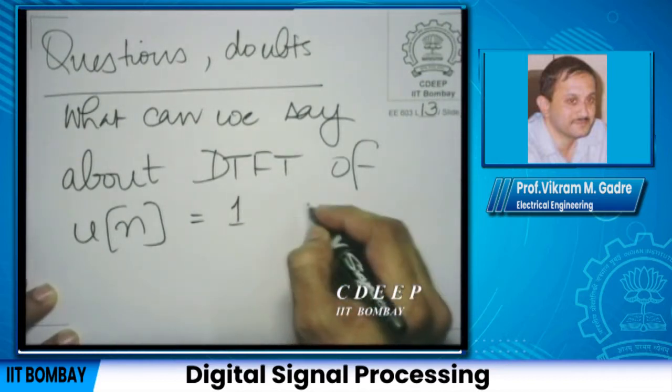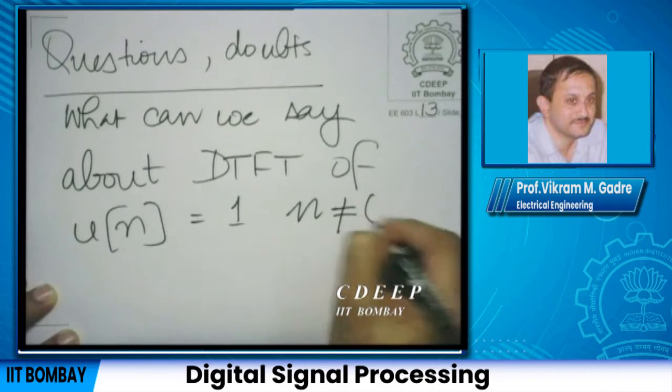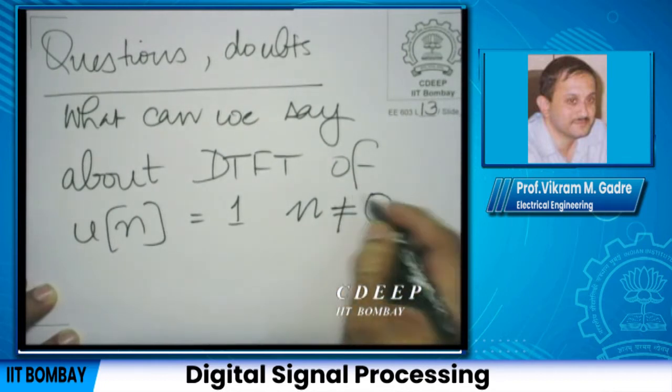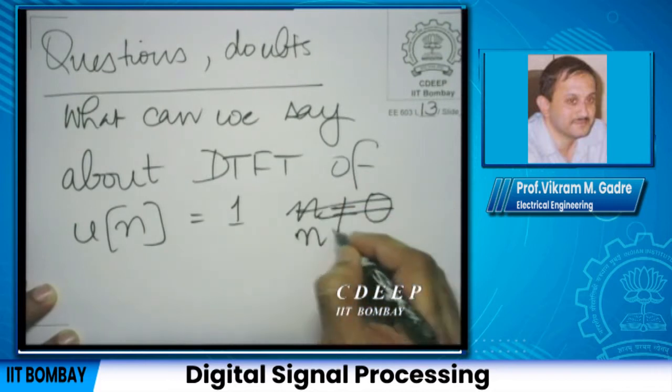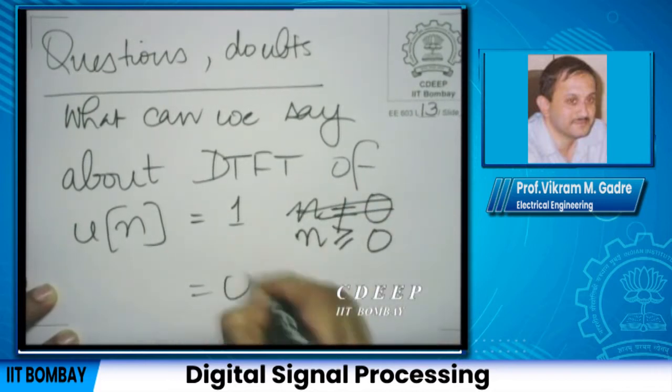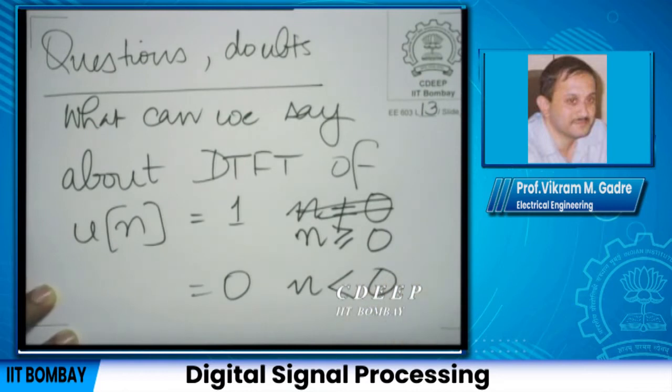It is a sequence which is 1 for n greater than or equal to 0, and 0 for n less than 0. So, essentially it is 1 for the entire set of zero and positive integers n, and so it is called a unit step because it looks like a unit step.